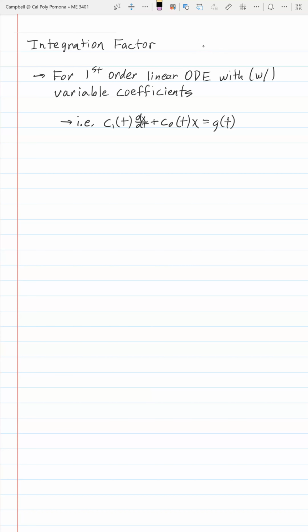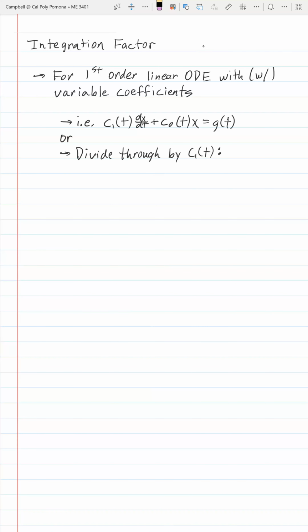So here we can see that the leading coefficient is a function of time. We really don't need to have that function of time. So let's go ahead then and divide through by C1 of t so that we end up with a coefficient of unity for our term that has the derivative.